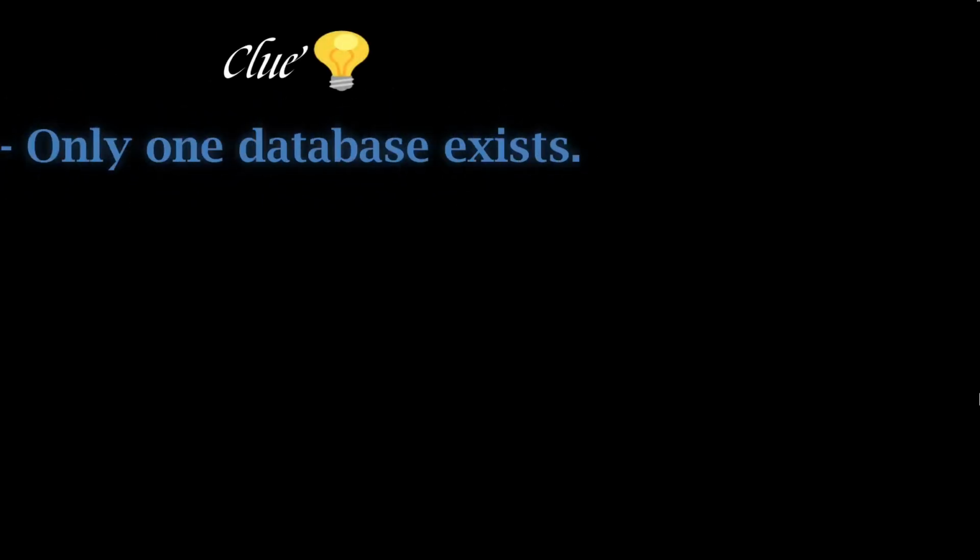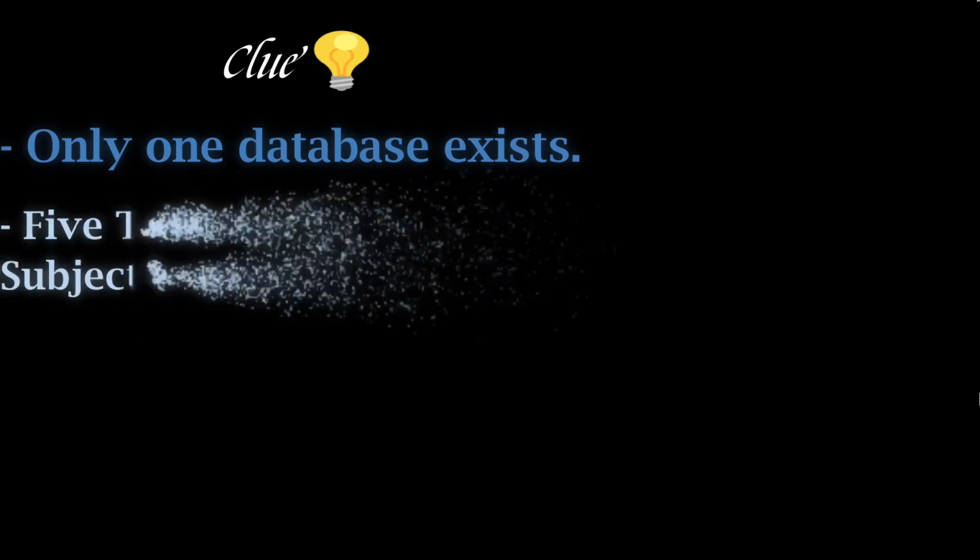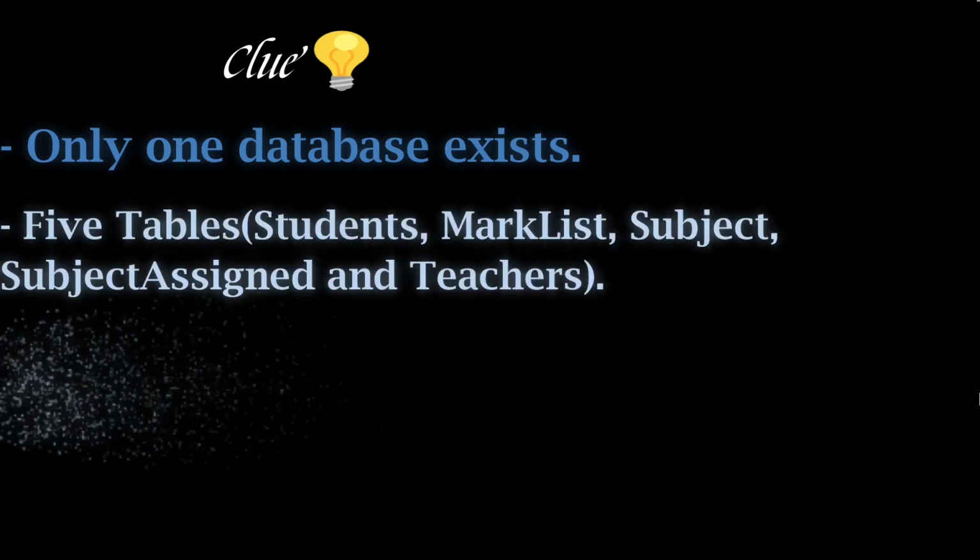So friends, what we understand from here is that there is only one database, maybe a school database, maybe a student mark database, that contains all five tables: the student table, mark list table, subject assigned table, and teachers table.